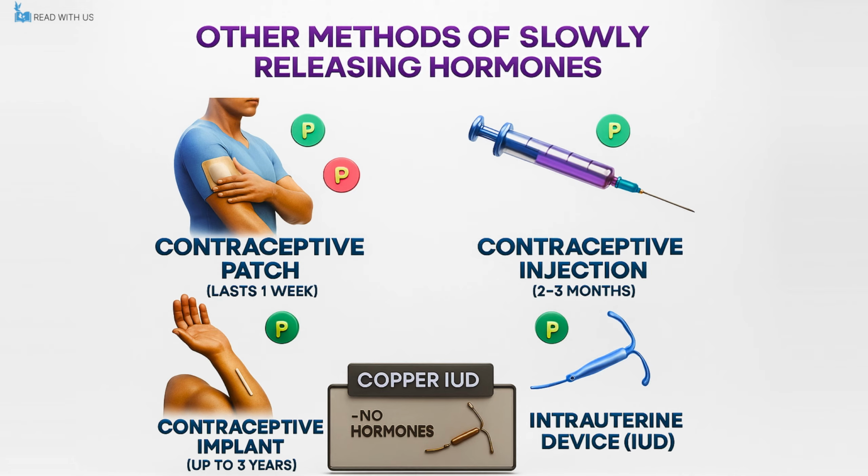Both the plastic and copper versions of the intrauterine device can remain effective for over 3 years, making them a popular long-term choice. As you can see, there are a variety of hormonal contraceptives, and although they all use similar mechanisms, their differences lie in how they are administered, how invasive they are, and how long their effects last, ranging from daily use to several years.